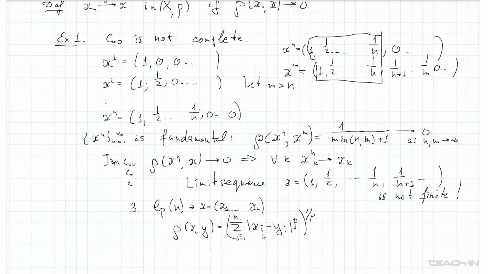And what is the range for p? What numbers p can we take in this metric? For the triangle inequality, we need to take p greater than or equal to 1. And for this formula, it is finite.